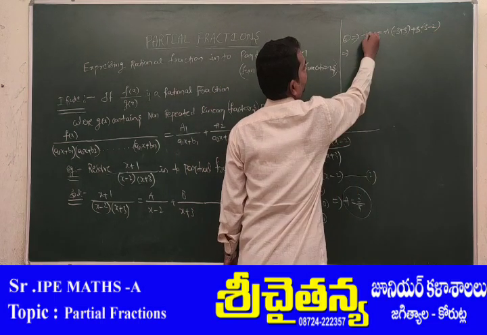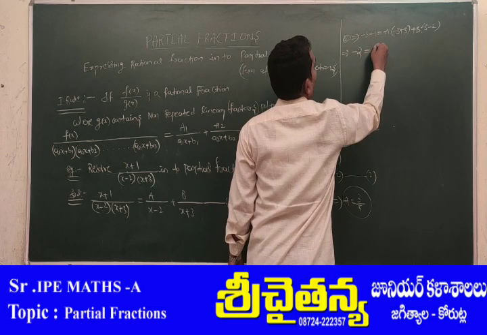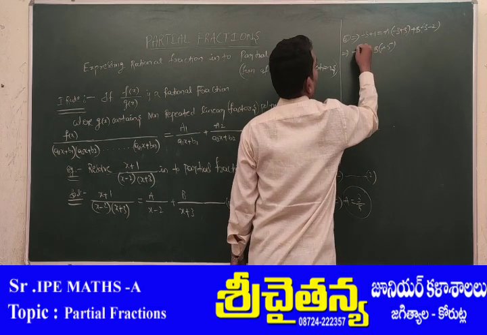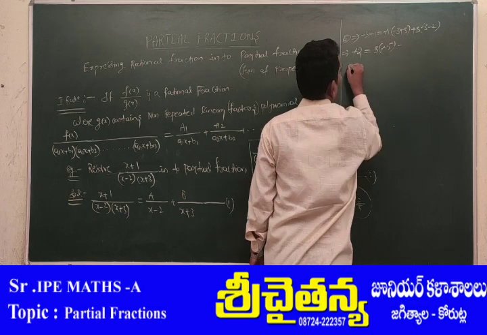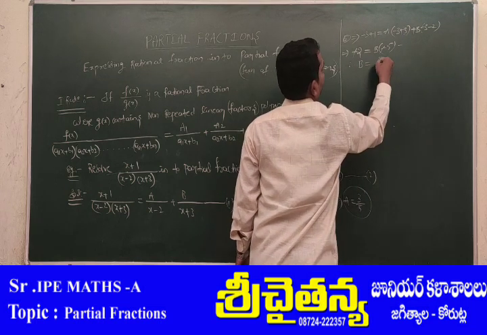It implies minus 3 plus 1 is minus 2, equals B times minus 5, minus minus cancel. Therefore B is equal to 2 by 5.